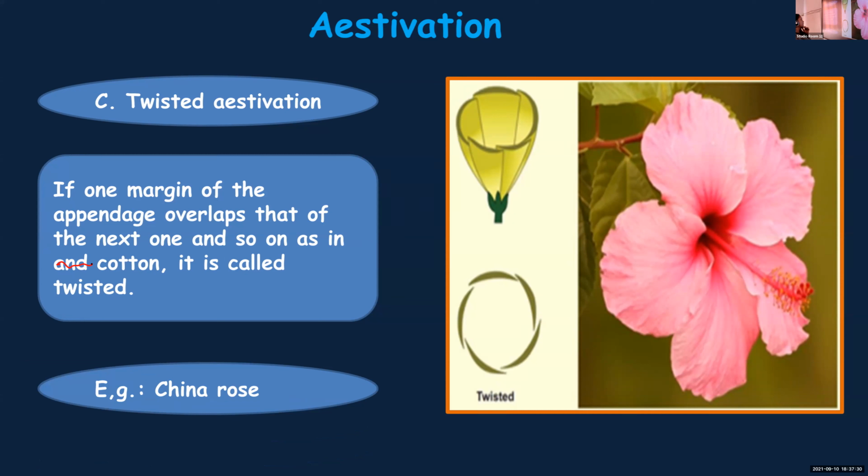Examples, China rose and cotton. Once again, here one margin of the appendage overlaps that of the next one. Just one margin is overlapping that of the other one, and that will be continued, and such an arrangement or such an aestivation is known as twisted. Example, China rose and cotton.